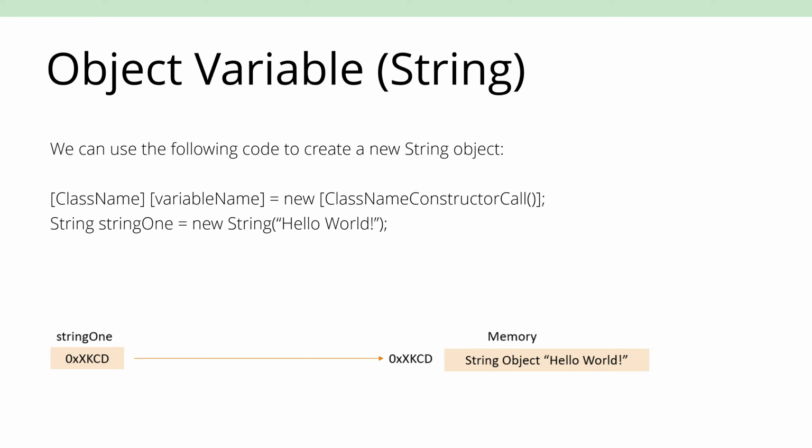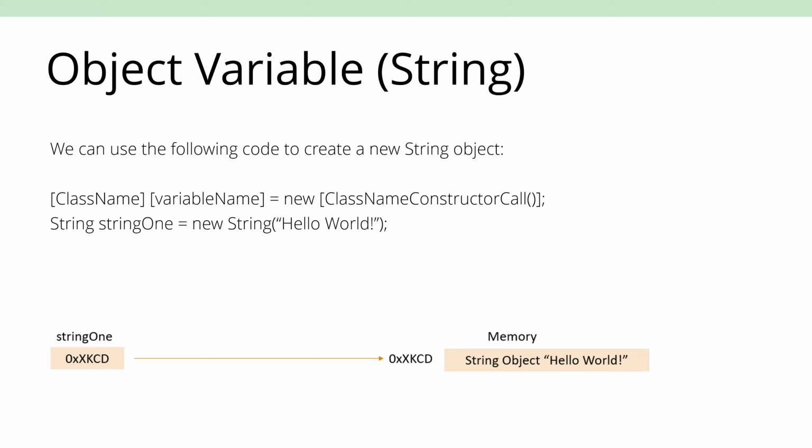Okay, so similarly, we've encountered strings before. We've talked about one way to create strings. There's another way to create strings. String, class name, variable name, assign, and we can use new String with parentheses and the string we want to create. Before, we've always done just the string inside of parentheses on the right side, but there's actually another way.